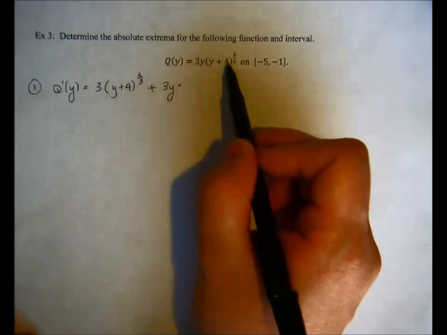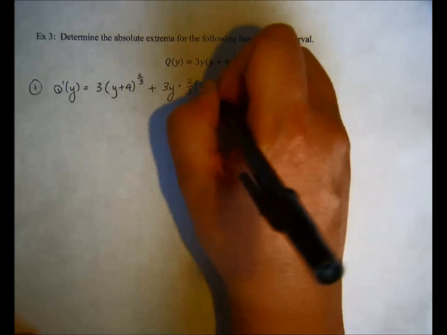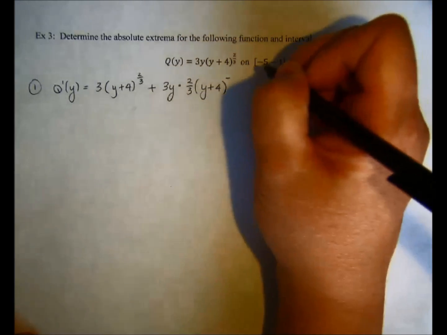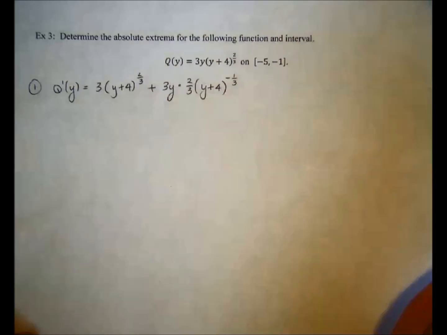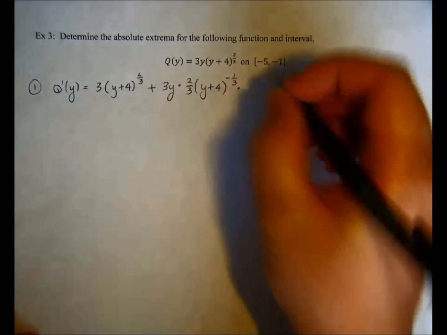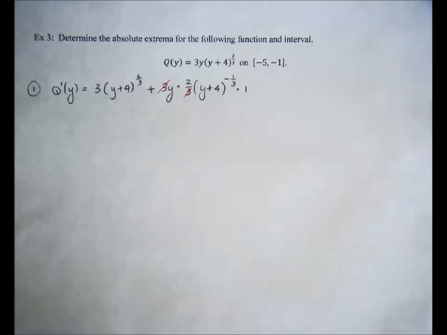And we're going to have to use the chain rule here, so I bring down the 2/3 exponent, I leave y plus 4 as is, and my new exponent is going to be 2/3 minus 1, which is -1/3. And then I'm going to have to multiply by the derivative of y plus 4, which is 1. Okay, so let's evaluate. I see that these 3's will cancel out.